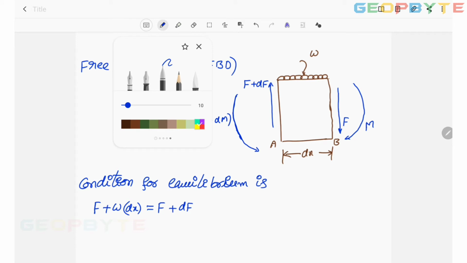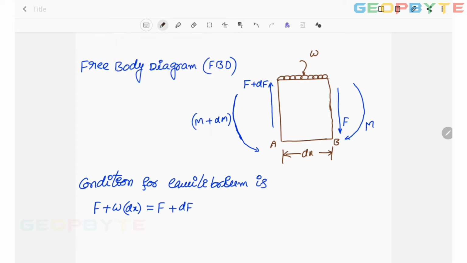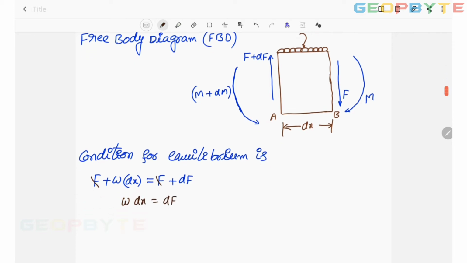Then W into dx equals dF. Therefore W equals dF by dx. Remember, dF by dx is the slope of the shear force curve.